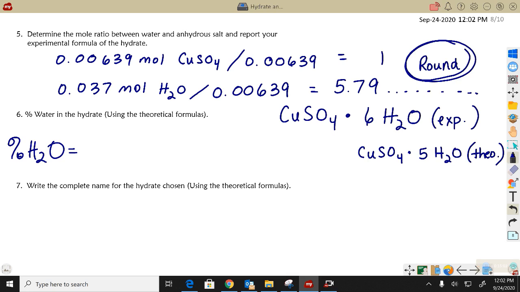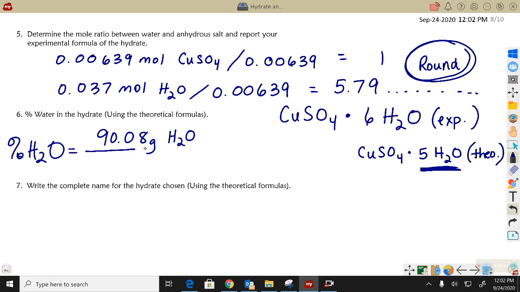So the total amount of water, 5 moles. So I'm just going to take my 18.016 times 5, and I'll say about 90.08 grams of water. So that's the total amount of water. That's the 5 waters.